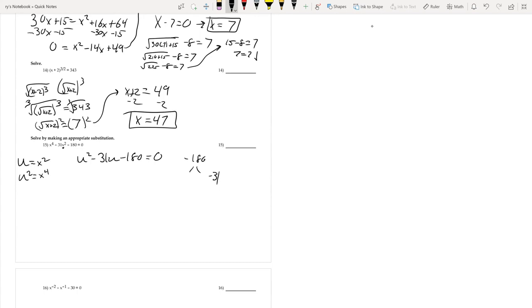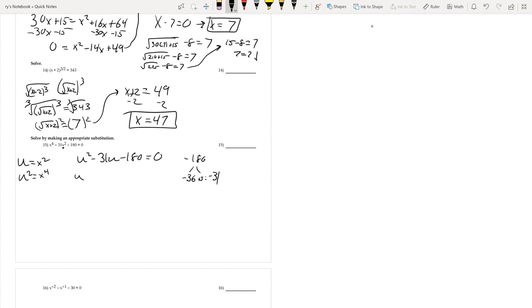I'm not going to lie, this took me a while to try to figure out. I ended up testing almost every number. I still forget what I used, so let me look at my notes. So you end up finding that negative 36 and positive 5 multiplied together gets negative 180, add together gets negative 31.